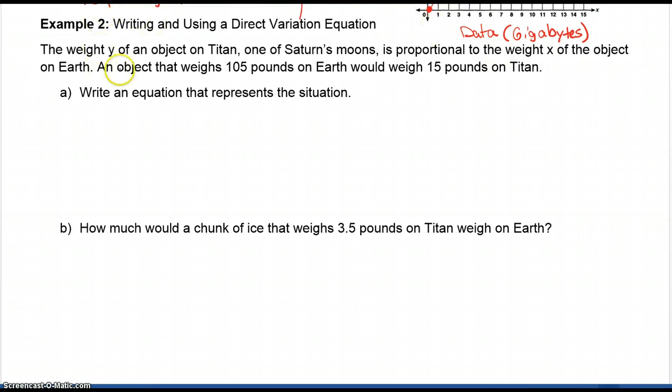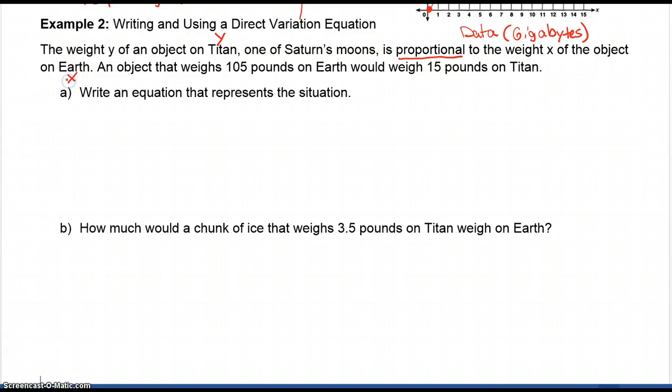So it says here that the weight y of an object on Titan, so y is going to be Titan. I'm going to put a little y by that. Sometimes just make notes as you read, or come back and read it again and make your notes. One of Saturn's moons is proportional, okay, so that's an important word, proportional to the weight x of the object on Earth.